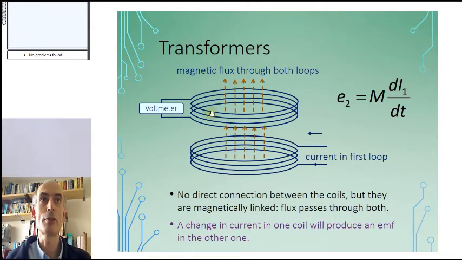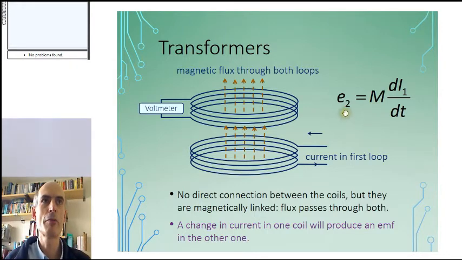To analyse the behaviour of transformers, you have to take account of the fact that this effect goes in the other direction as well. Any change in current in the second loop will produce an EMF in the first loop. The magnitude of this effect is quantified by this equation here, where M is known as the mutual inductance.